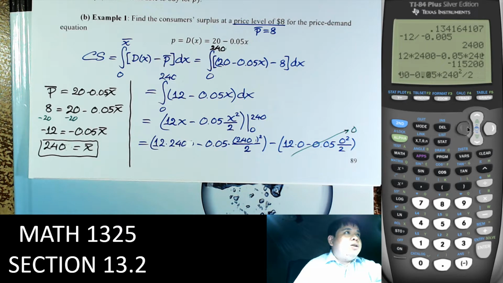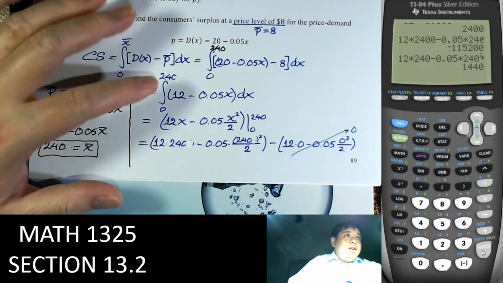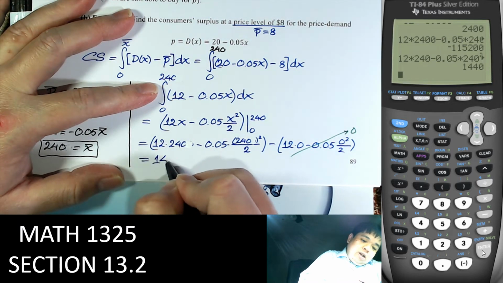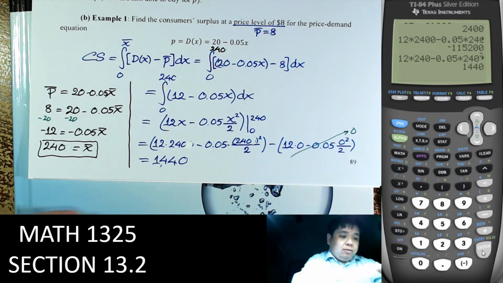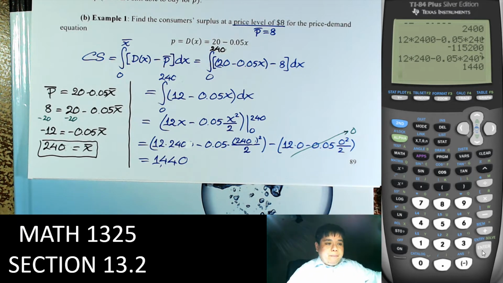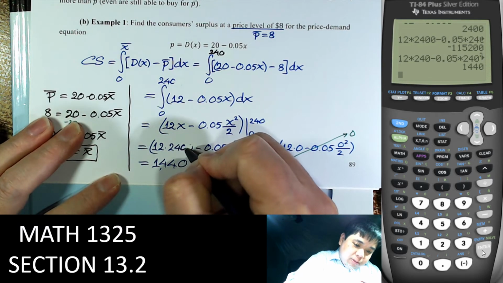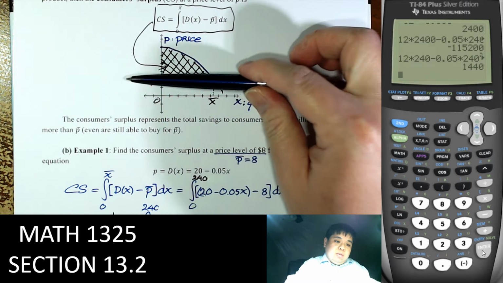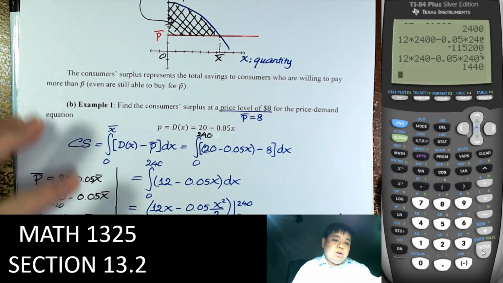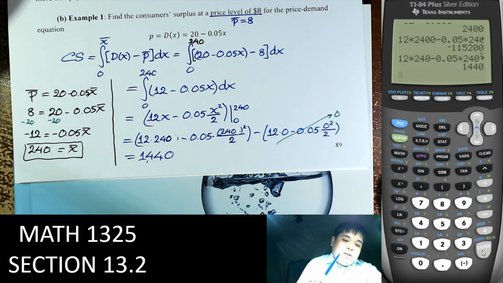Delete one 0. And we have 1440. This should be positive, because the price demand equation is decreasing, above the price. So we subtract those two, evaluate, and that's what we have.